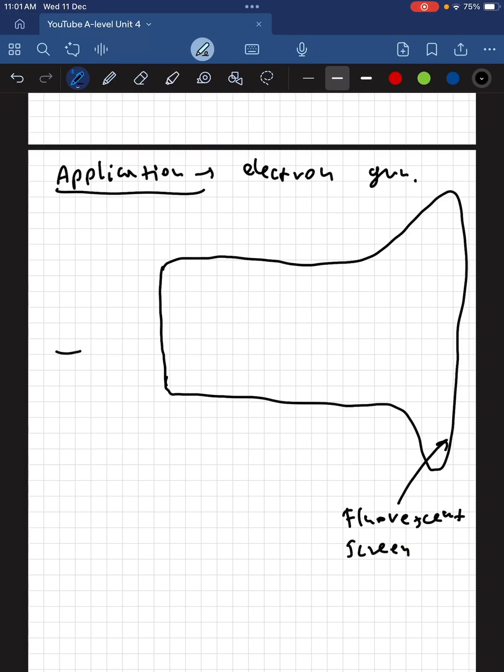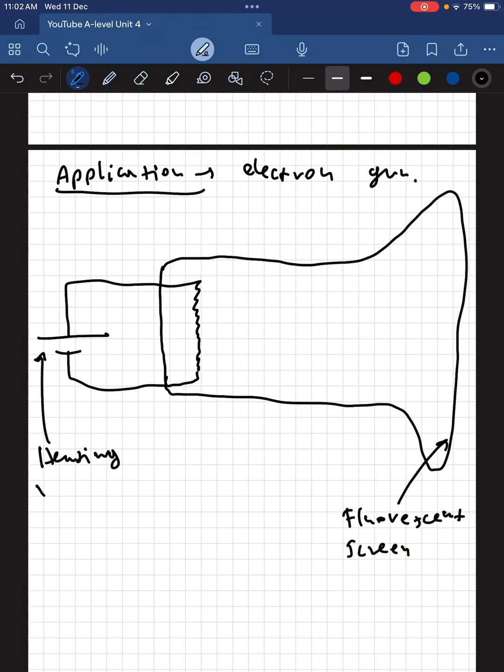And in this electron gun, you put some heating voltage that heats up this metal filament. So this is the heating voltage, which is about 5 to 10 volts.